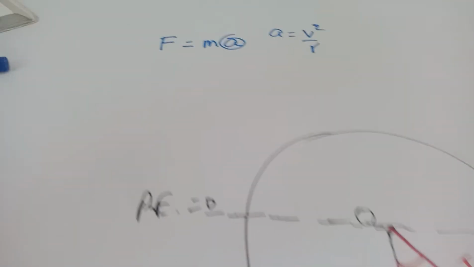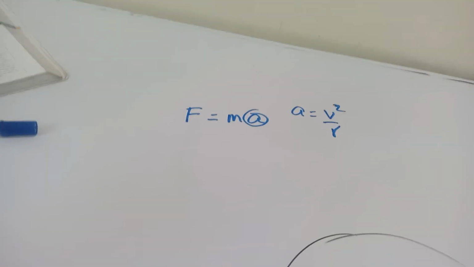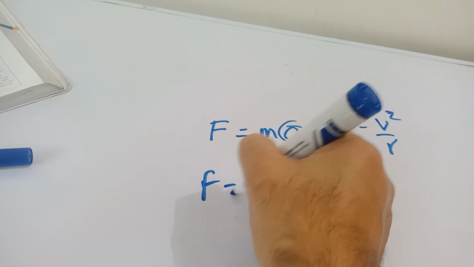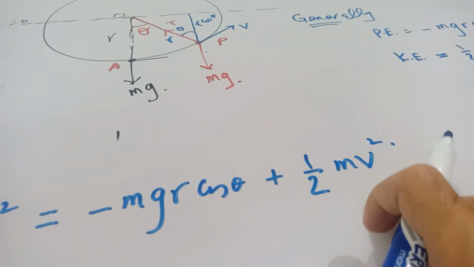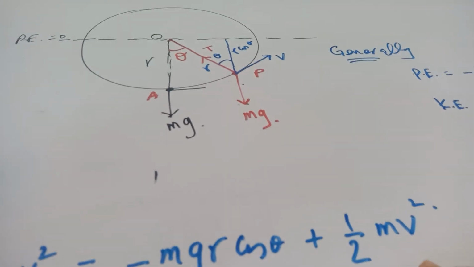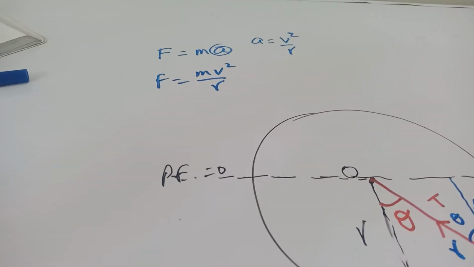Since we are talking about the velocities over here, we shall use this formula v square over r. So this F will be mv square over r. So if I take out the value of this mv square and put this into this, you see this is a lot of algebra again involved over here.